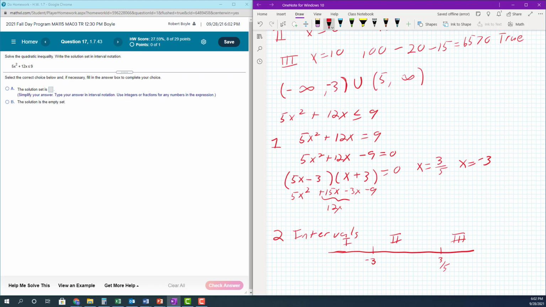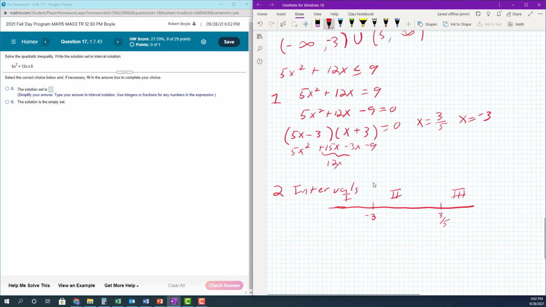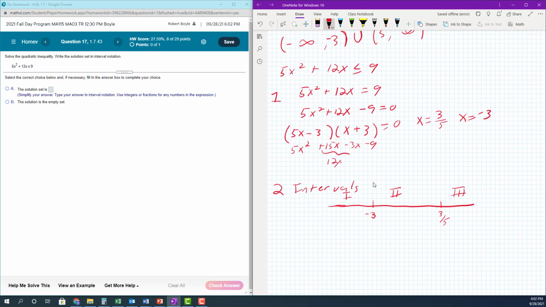Okay, so for interval 1, how about if we let x be equal to negative 10? I like negative 10 because it is pretty easy to compute. Negative 10 squared is positive 100 times 5 is 500.